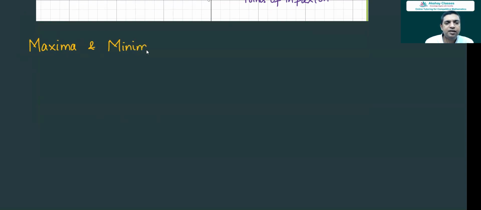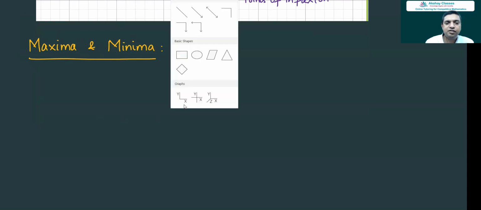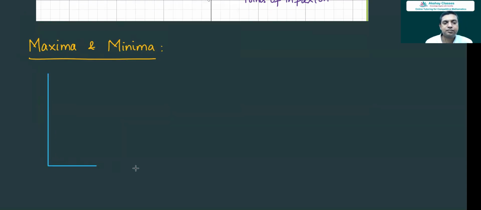Before I begin, I should explain some things. So let's say we have a function. Let's say we have a graph of a function like this.